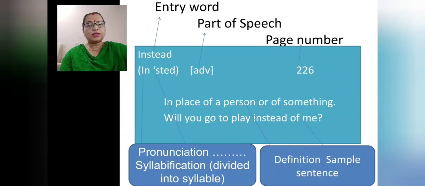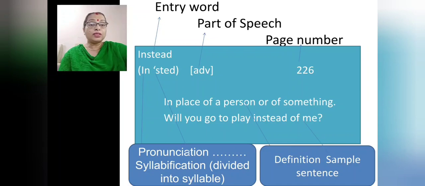So children, let us understand all the important things you have to remember in a dictionary. The first is the entry word or the head word. So what is the entry word here? Instead. Next you have pronunciation. What is given here inside the brackets?